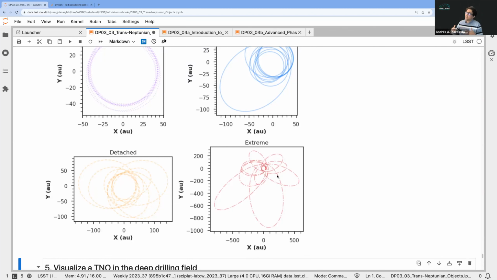If you look at talks by people that propose the Planet 9 hypothesis, like Konstantin Batygin and Brown, they made this type of plot for the existing data that we have, and one of the observations supporting the existence of Planet 9 is that there seems to be a clustering of the perihelion of the orbits in a space.